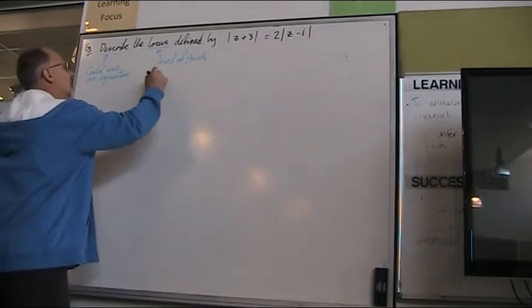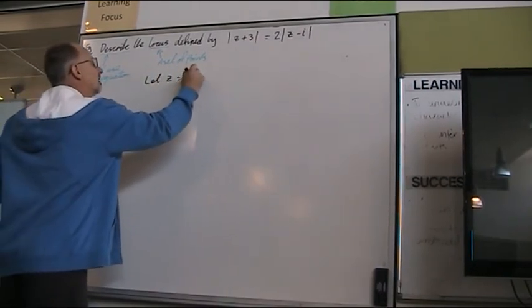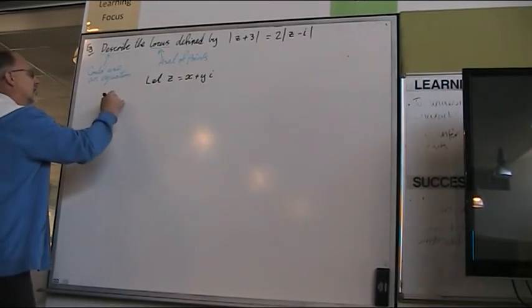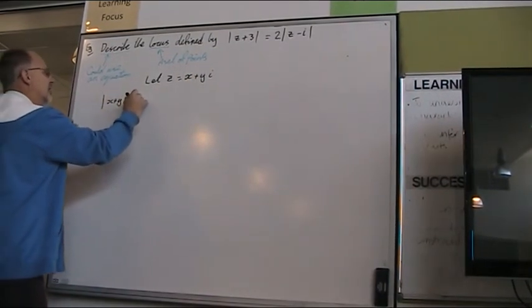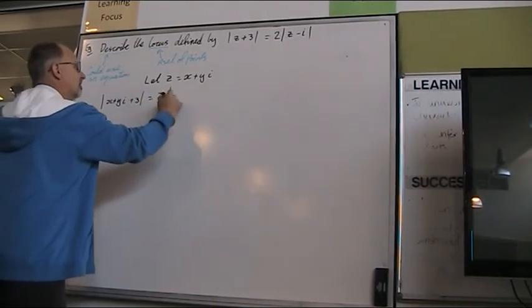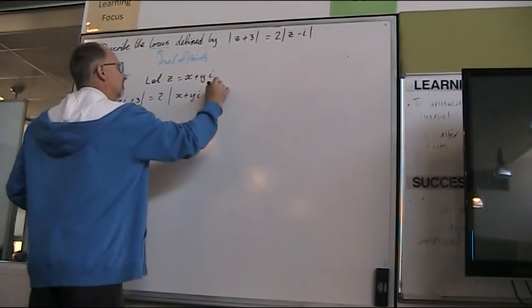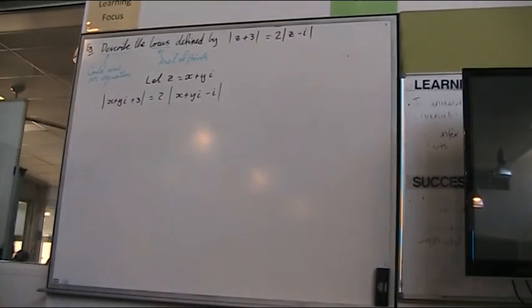So let z equal x plus yi. And so we've got the magnitude of x plus yi plus 3 equals twice the magnitude of x plus yi minus i. And now we do exactly like what we did earlier on.